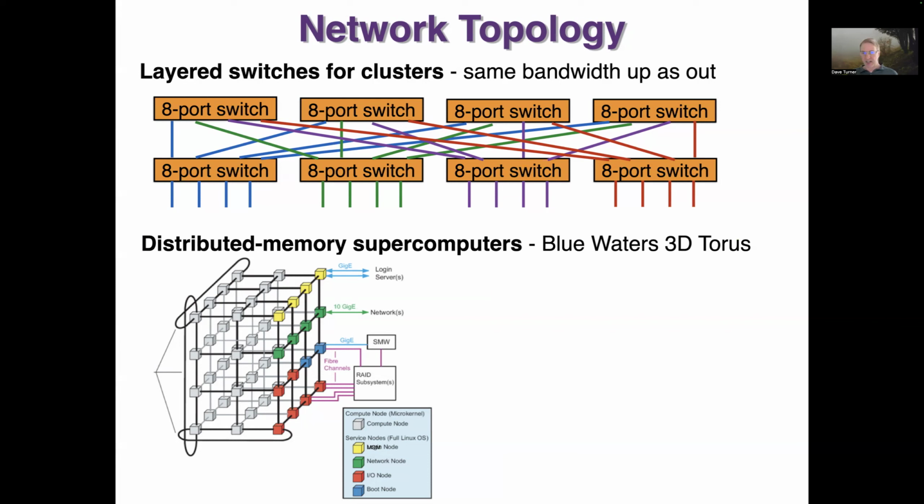Systems can have tens of thousands of compute nodes or even hundreds of thousands and fill up a warehouse. So we're talking about 50 to $100 million computers in these cases. The lower part here is describing Blue Waters, an IBM system that used a network that has a topology.